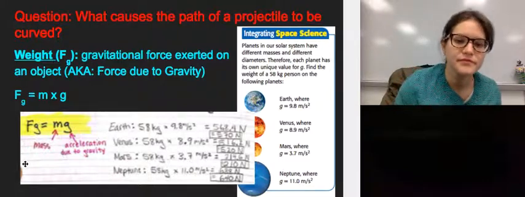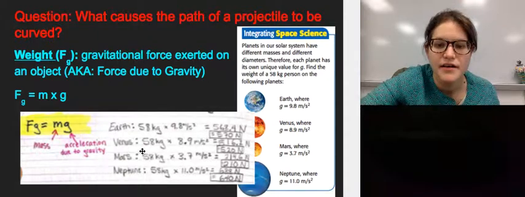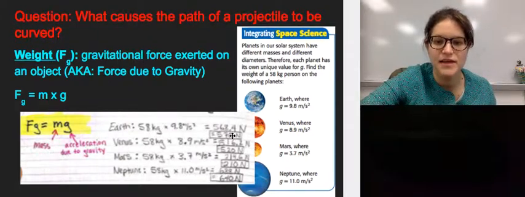Okay, so for the first one, I got 568.4 newtons, which I'm going to round off because there's only two numbers in each of these. I'm going to round that off to only two numbers with a 0. That's going to be 570 newtons. 58 times 8.9 was 516.2.